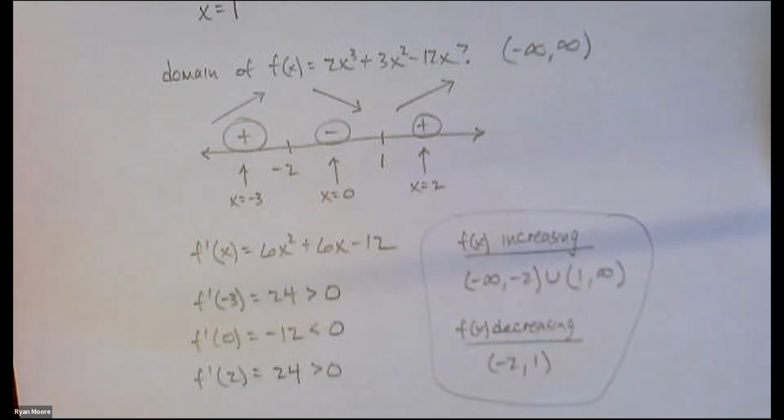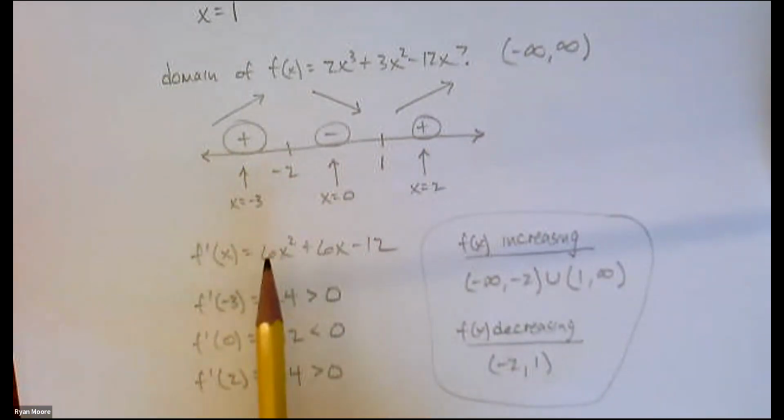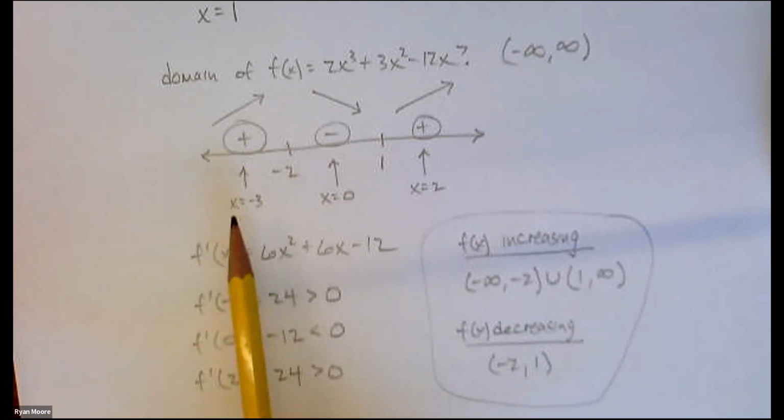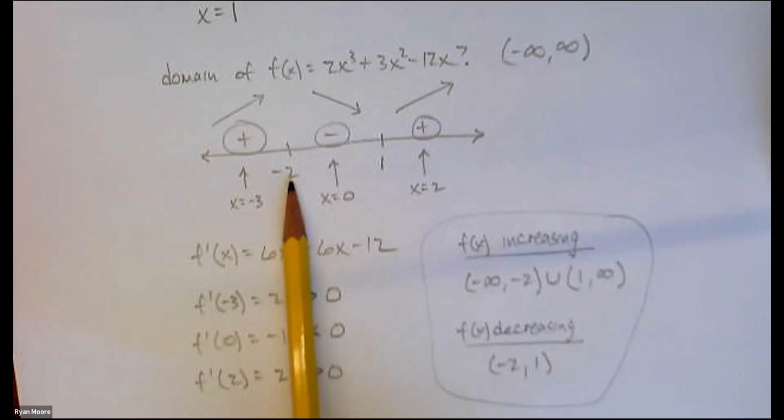We wanted to know where there are local maxes and mins. So based off of this chart, we pretty much have it. So we can see, hey, check it out. At -2, what's happening?